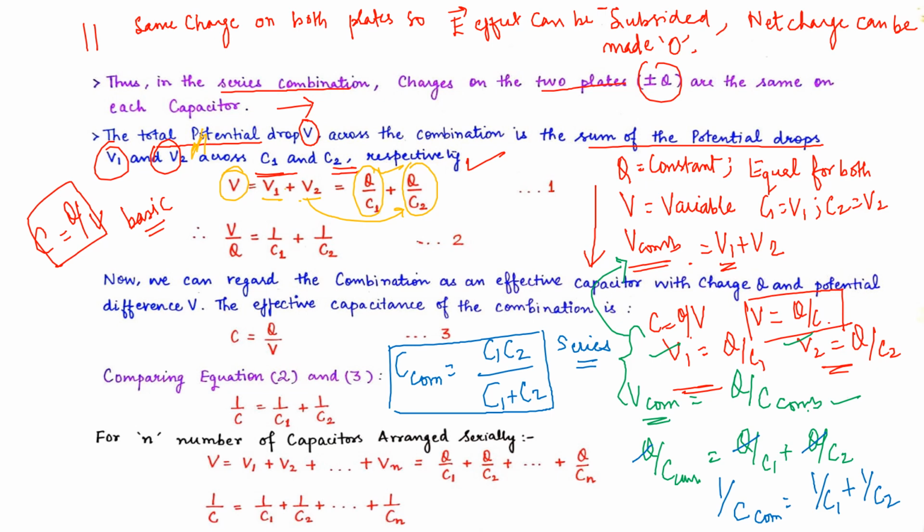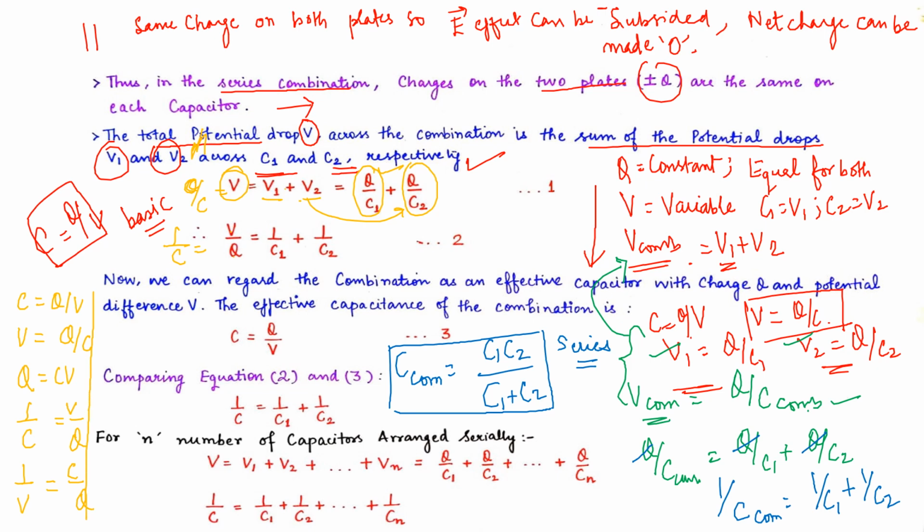From this equation we have found that V's value is Q upon C. We know that 1 upon C equals V upon Q. See the recombination I will write over here, C equals Q upon V. When we want to find voltage we can write Q upon C. When we want to find the charge we can write CV. When we want to find 1 upon C it will be V upon Q. And when we want to find 1 upon V it will be C upon Q. These are the derivations.